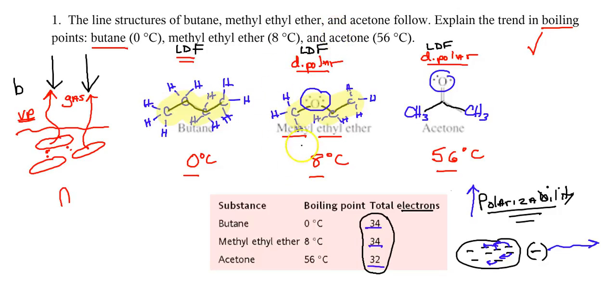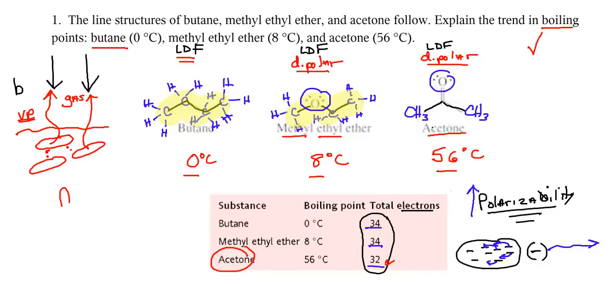Okay, second thing, now why would methyl ethyl ether and acetone have such different boiling points? Well, the one thing we look at is the shape is not the same. If we look at the LDF forces of acetone, we have 3 carbons here. Acetone actually has fewer electrons, but they're very similar, so you can't look at the electrons.